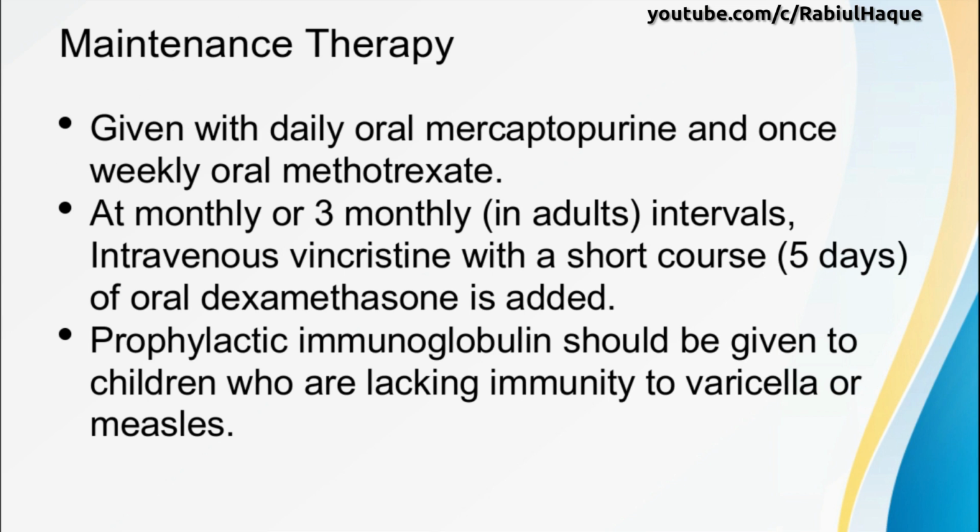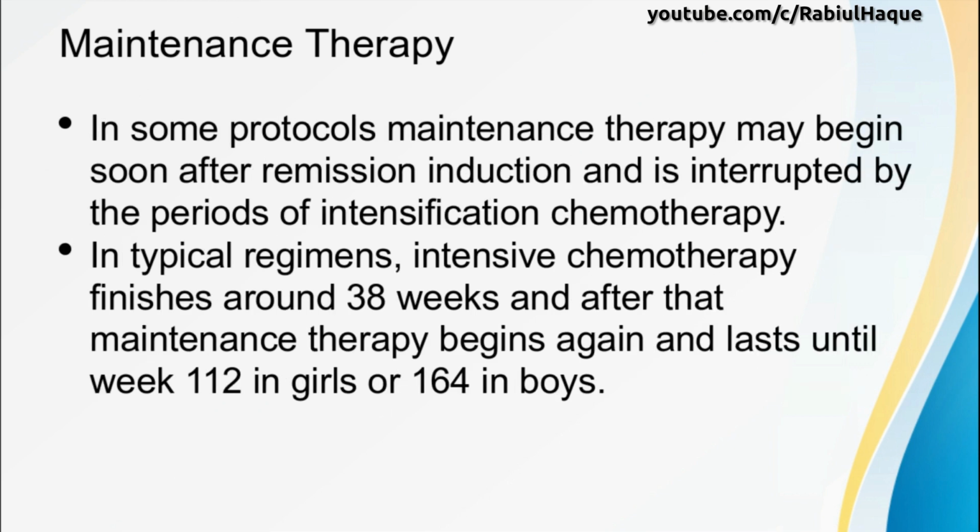Moving on to maintenance therapy, always remember that such therapy is given with daily oral mercaptopurine and once weekly oral methotrexate. At monthly or 3-monthly intervals, intravenous vincristine with a short course of oral dexamethasone is also added, and prophylactic immunoglobulin should be given to children who are lacking immunity to varicella or measles.